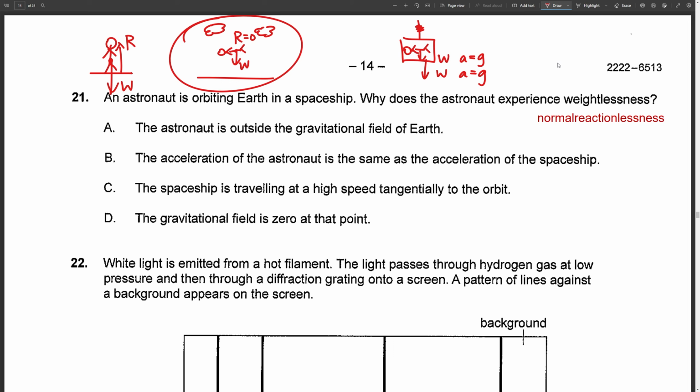And finally, what if you are in a spaceship? Let's say this is a spaceship and you are inside. Then your body and the spaceship are all together under the same acceleration of free fall. So the answer is B, because your body experiences no normal reaction as a result of both the astronaut and the spaceship accelerations being the same.